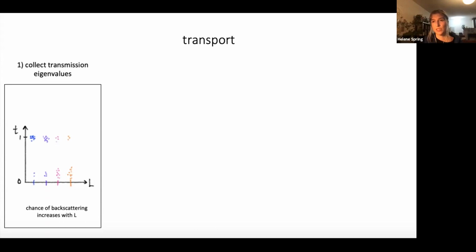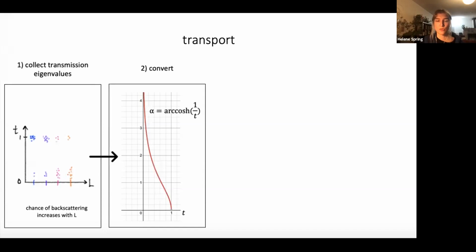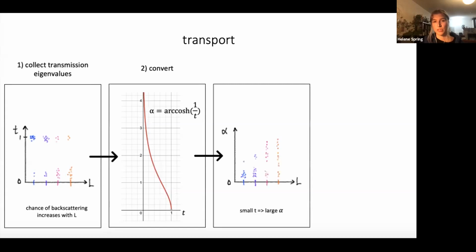At this stage, fitting the data is not very convenient. So what we do is transform the transmission data we collected into a new form, alpha, which is a quantity that is, in essence, a measure of the disorder in our systems. Replotting this data in terms of alpha, we see that we could now fit half normal distributions to histograms of the alpha statistics.